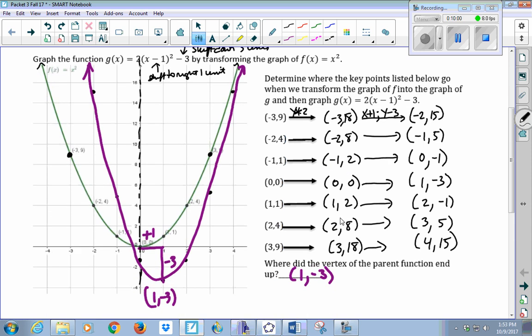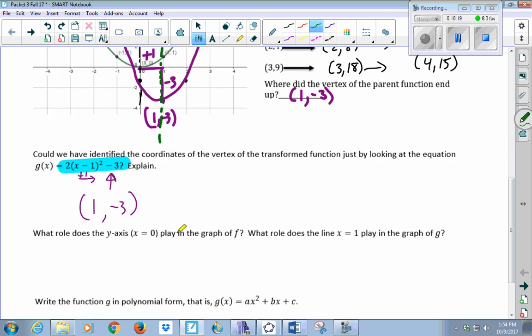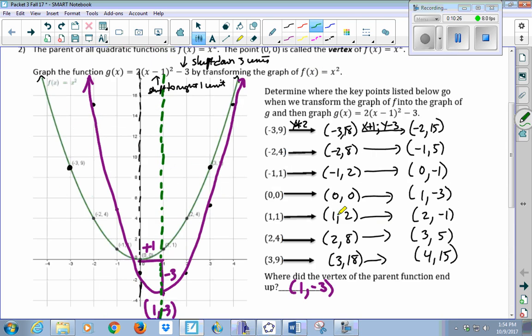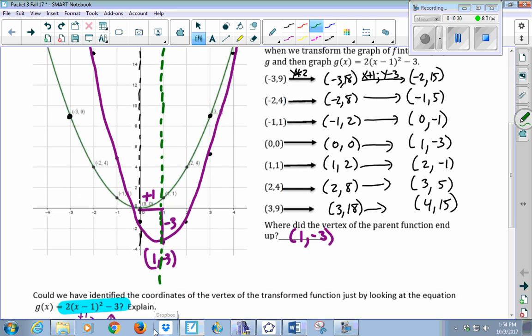And similarly, for our new function here, g of x, if we drop a vertical line straight down through x equals 1, we have a line of symmetry as well. So the line x equals 0 is the line of symmetry for the graph of f, and the line x equals 1 is the line of symmetry for our transformed function.